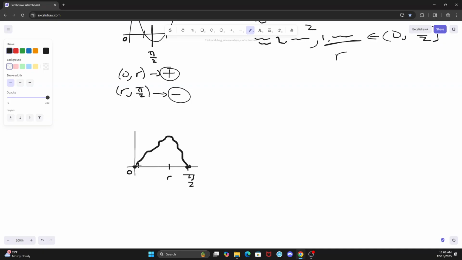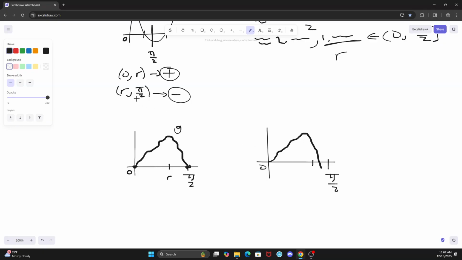But in particular, it means that g wants to always be positive on this interval, because let's say it dipped negative somewhere. So we have g increase some, we hit r, it decreases to something negative.